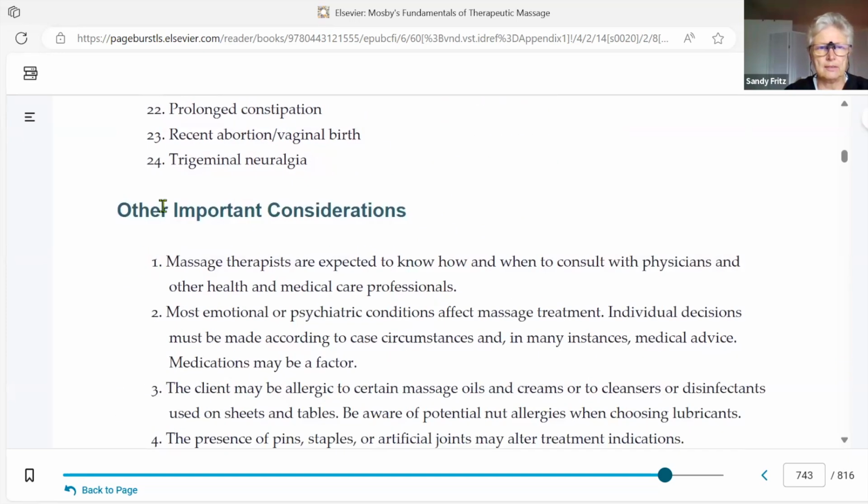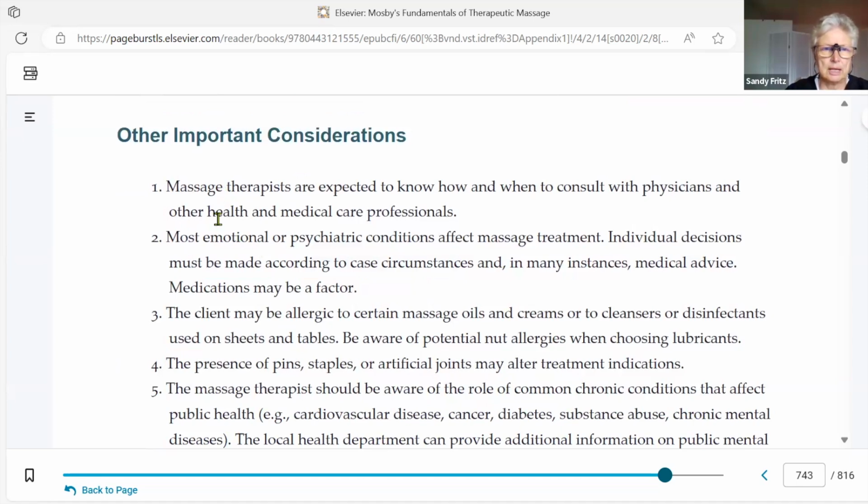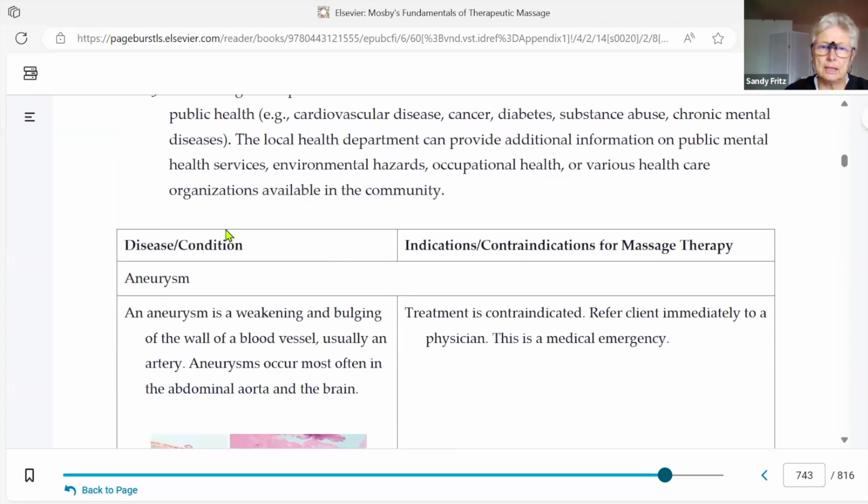So then there's these other important considerations, and make sure you slow down and read these and absorb them and comprehend them. And then it moves into almost a mini pathology book.